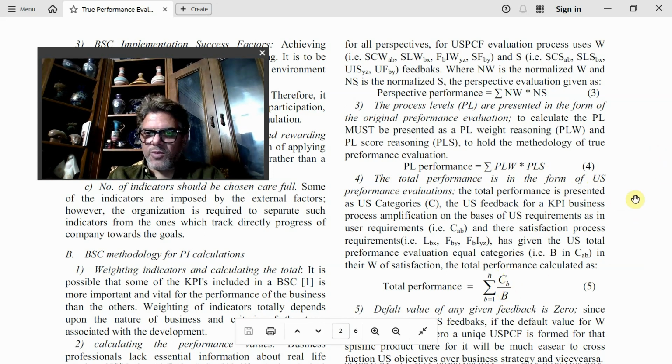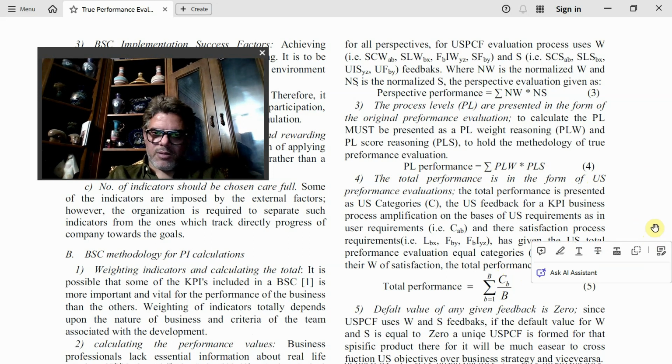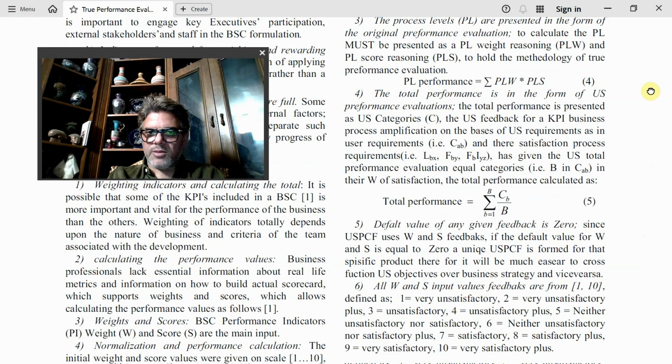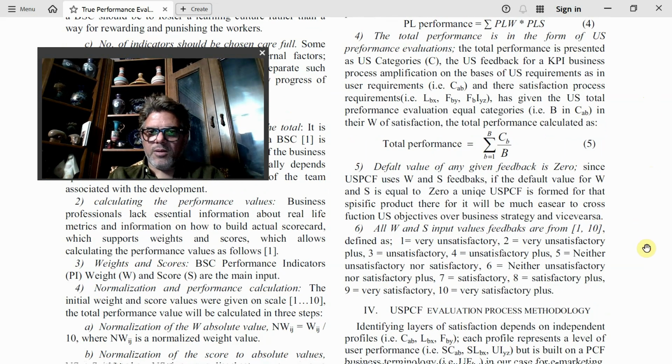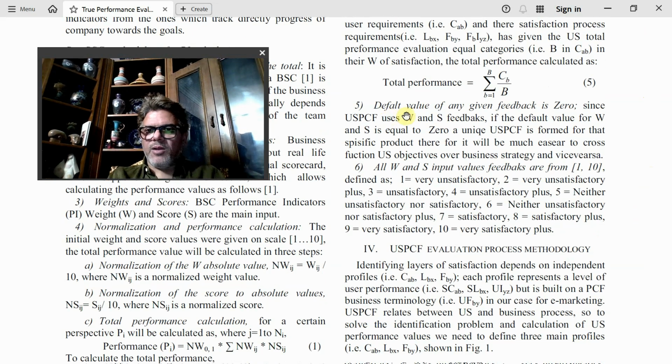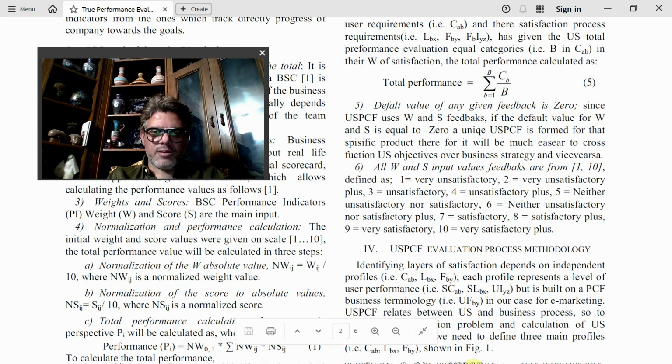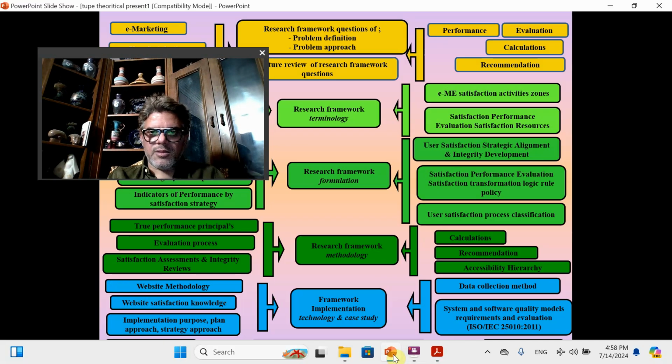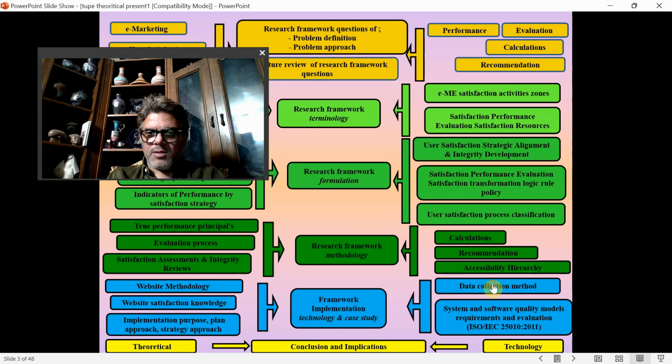It's a straightforward calculation. Default value of any given feedback is given as a 0.